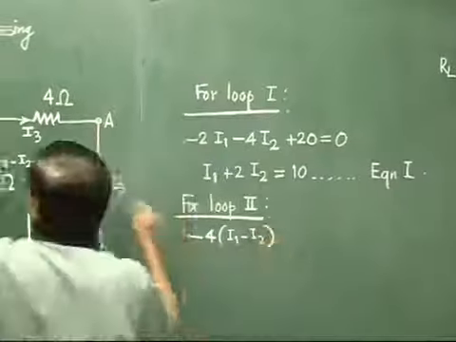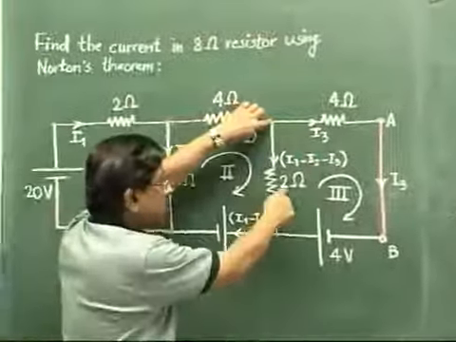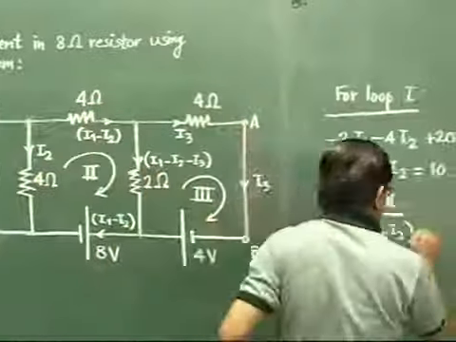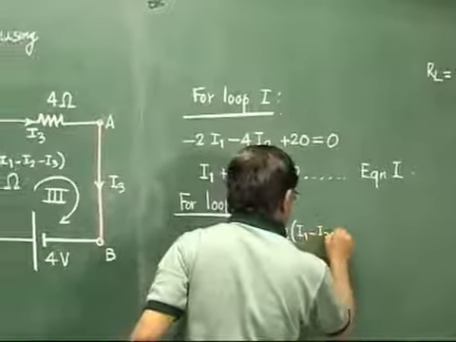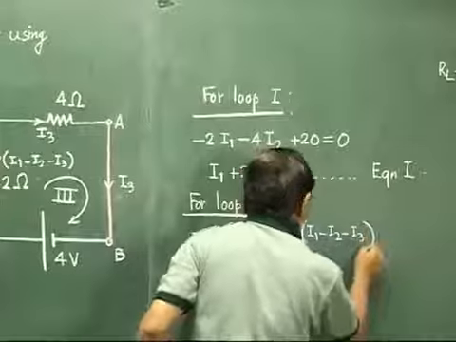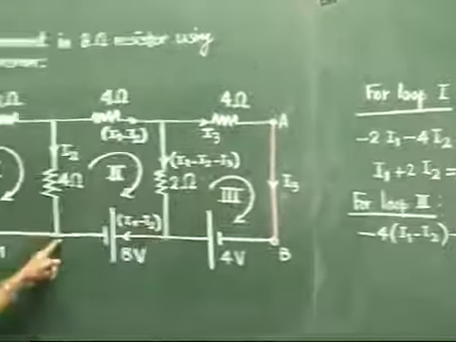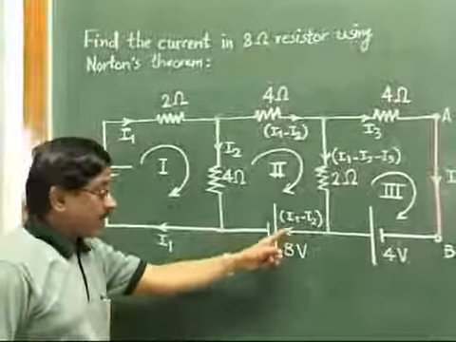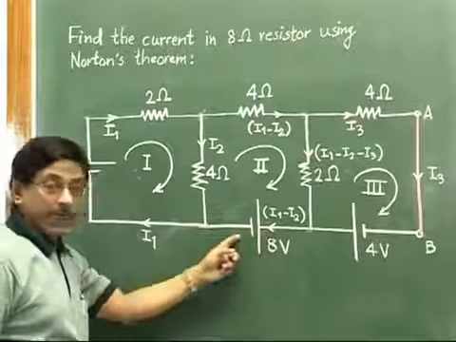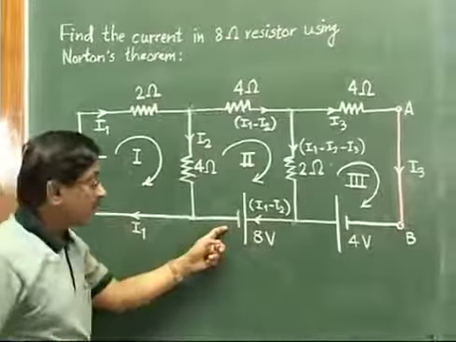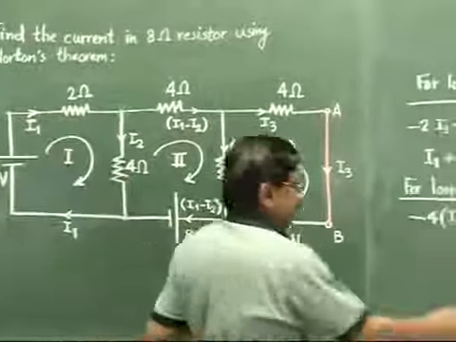Then next, coming down will be minus 2 times (I1 minus I2 minus I3). Then to the left there is a battery, but we are jumping now because we are coming back like this. So we are jumping from the positive to the negative plate, to lower potential, so it will be minus 8 here.